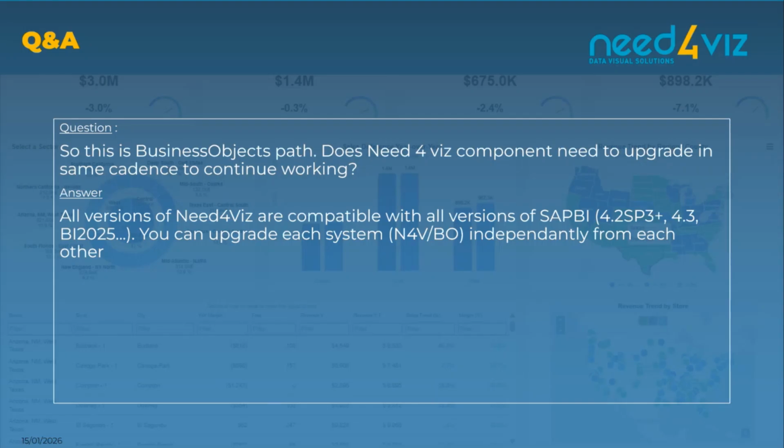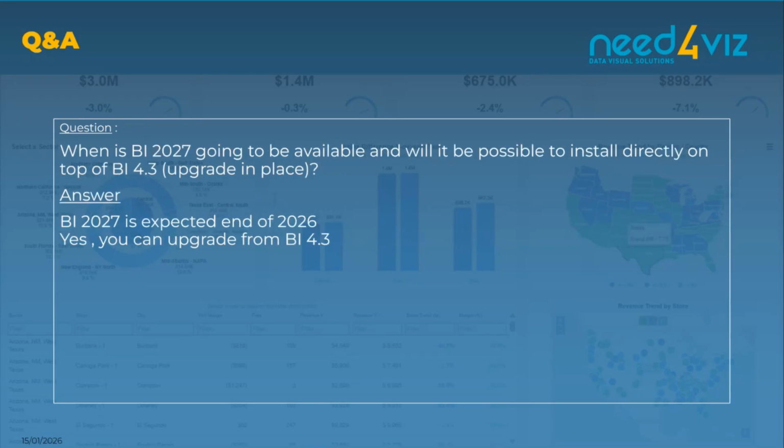This is a good answer and great question. All versions of Need for Viz are compatible with all versions of BOBJ, right? You can upgrade each system independently from each other. There is no concept of, well, I have this version and now it's not going to work with the new version of BOBJ. It's very, very non-obtrusive.